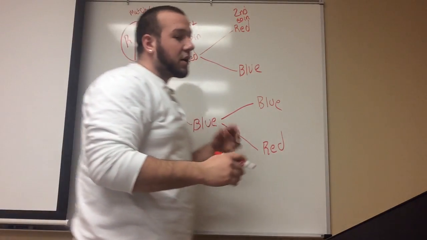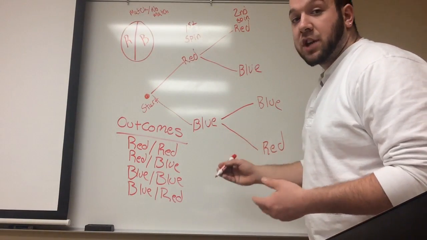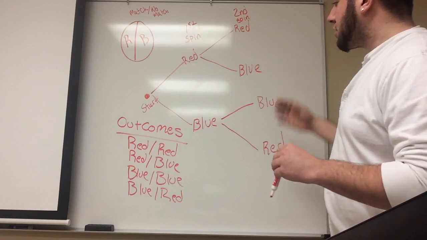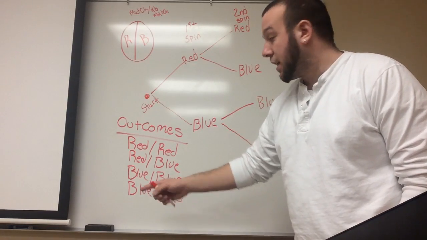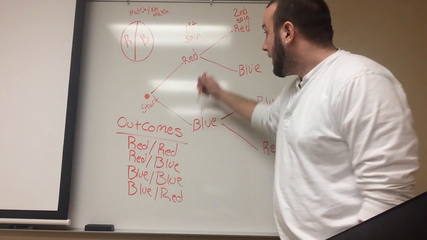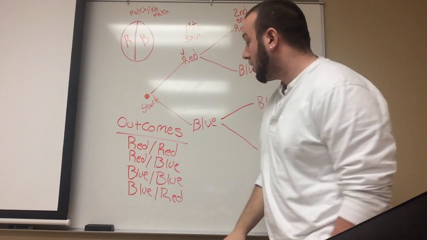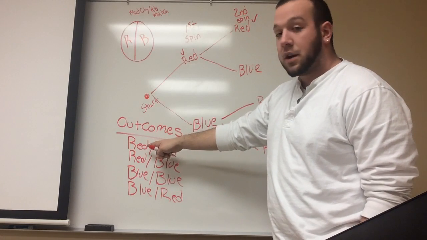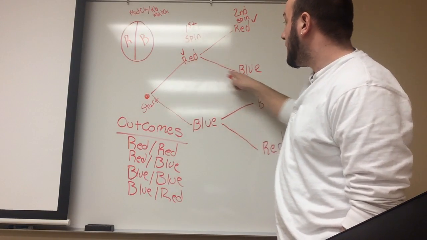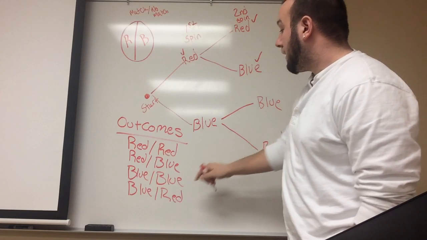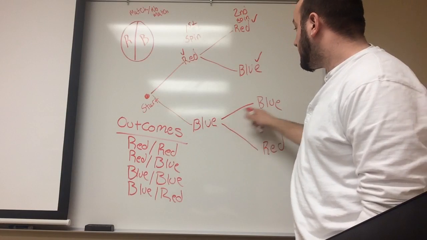So now looking back at our counting tree and our list of all possible outcomes, we can make check marks on our counting tree to make sure that we've listed all our possible outcomes. One way that we could spin is red, red. If you go back here, you go red, red. And then here, you could go red, blue. Another possible outcome is first spin blue, second spin blue.